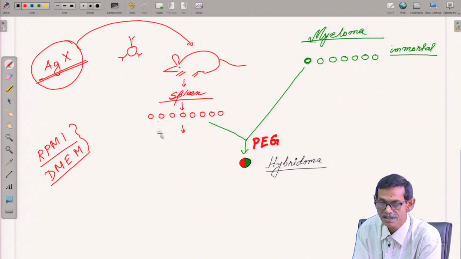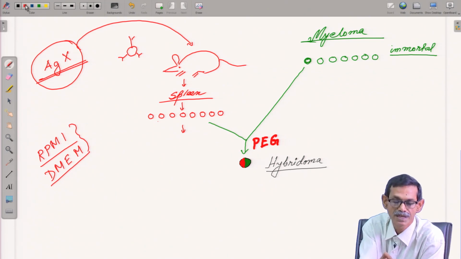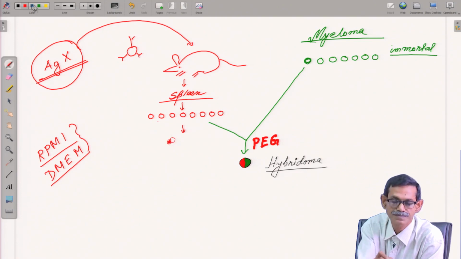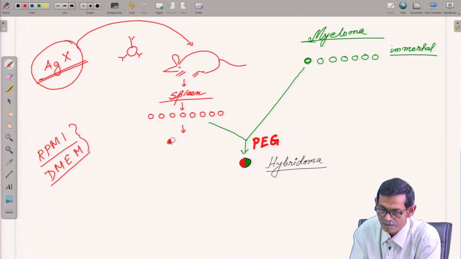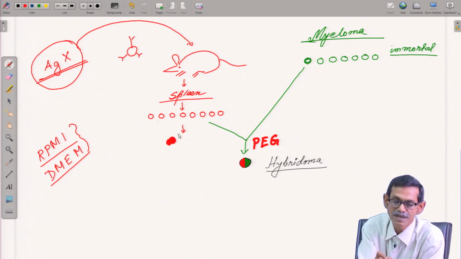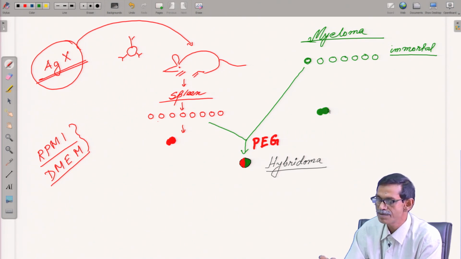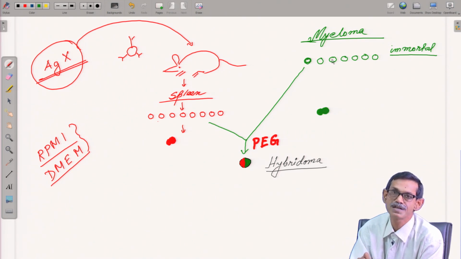Both red cells will also fuse, many B cells will also fuse. And similarly, the green cell to myeloma cell will also fuse, because PEG will not selectively fuse only one green and one red.